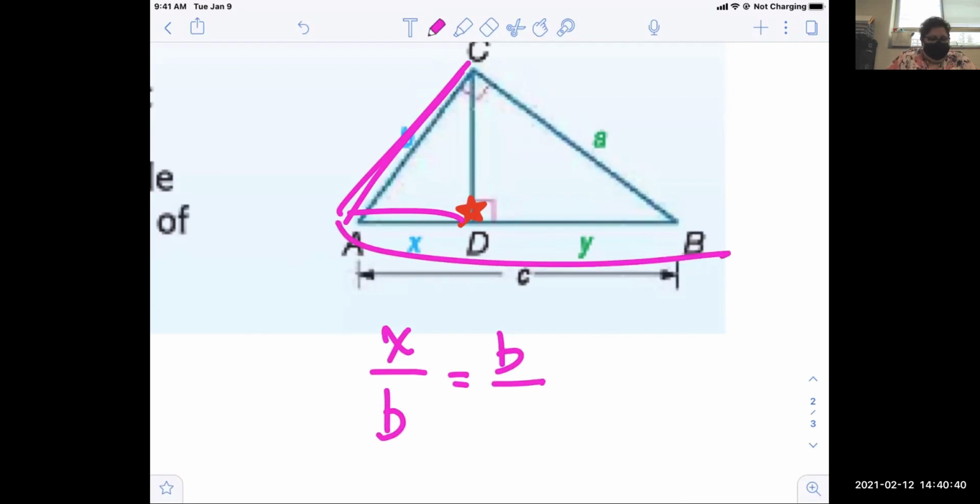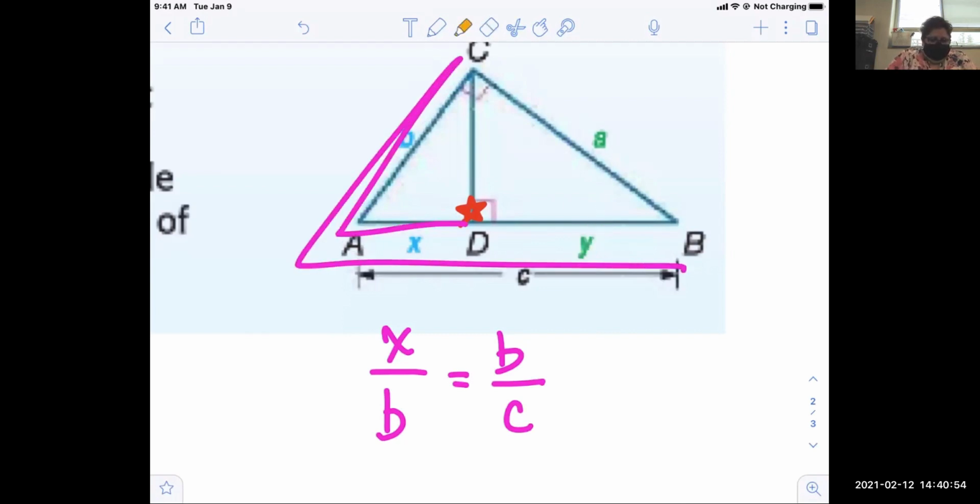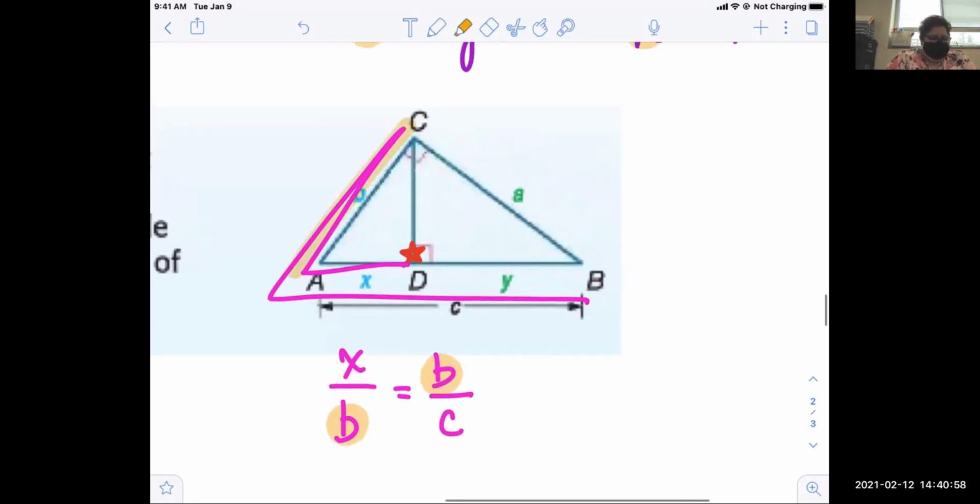The whole thing. C. Now you can call that X plus Y also. Sometimes you'll have to add those, like if there's a 5 there or something, you'll have to call it X plus Y. Okay, but this one will go X is to B as B is to C. And again, see how the B is the geometric mean in the corners there? That's getting traced twice. That's why it's showing them twice in the proportion.